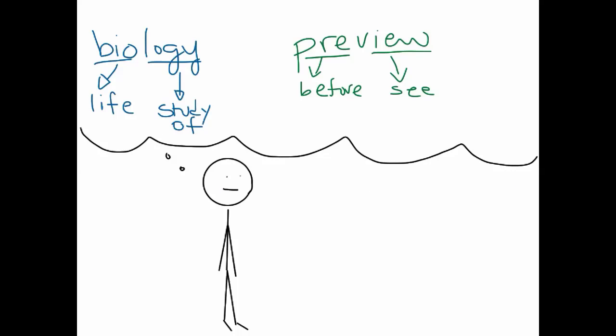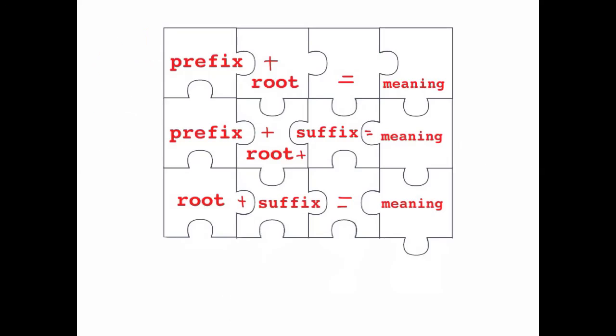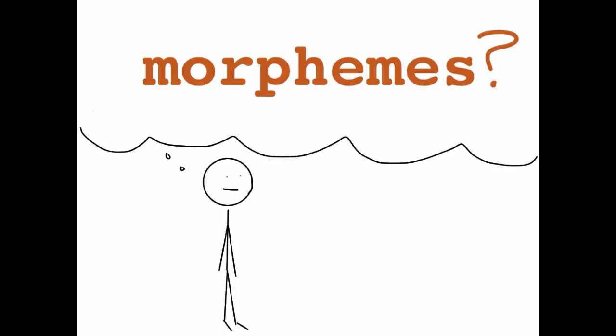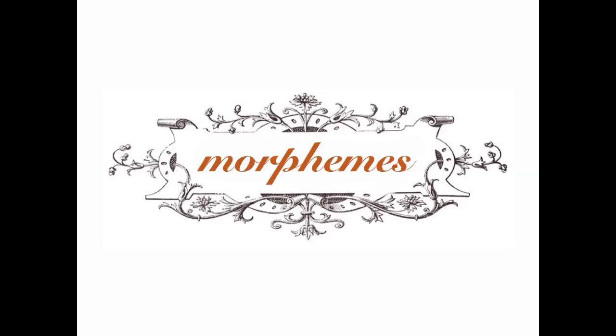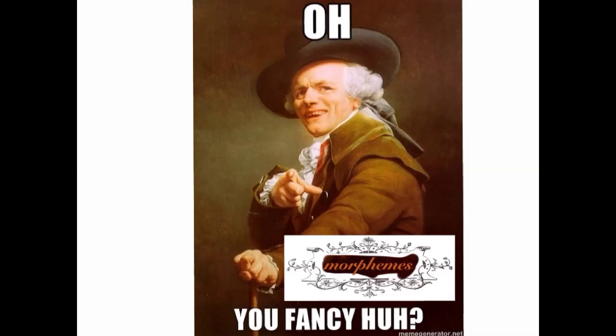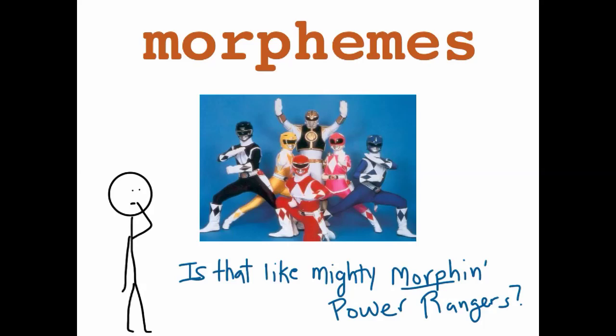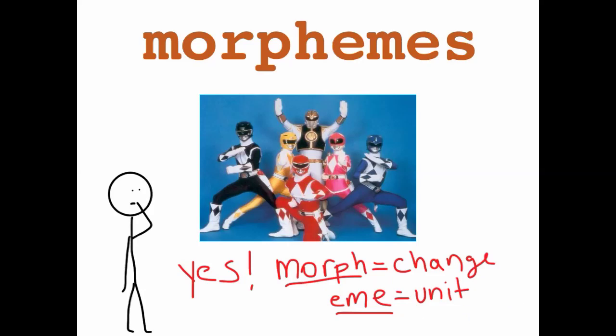Whether you know it or not, you already know a lot of prefixes, roots, and suffixes without even being aware of it. All of these things are special kinds of morphemes. A morpheme is a fancy name that people who study language use to refer to the smallest unit of language that holds meaning.